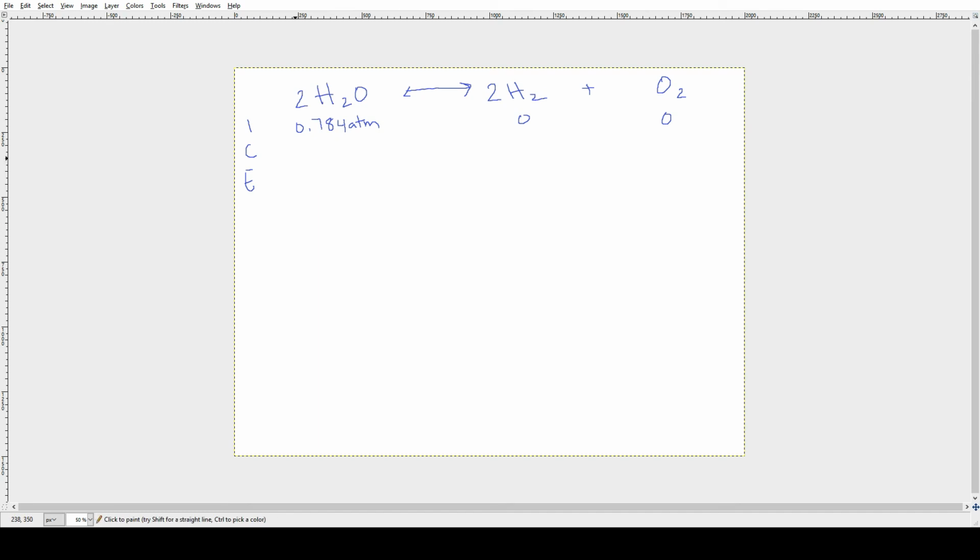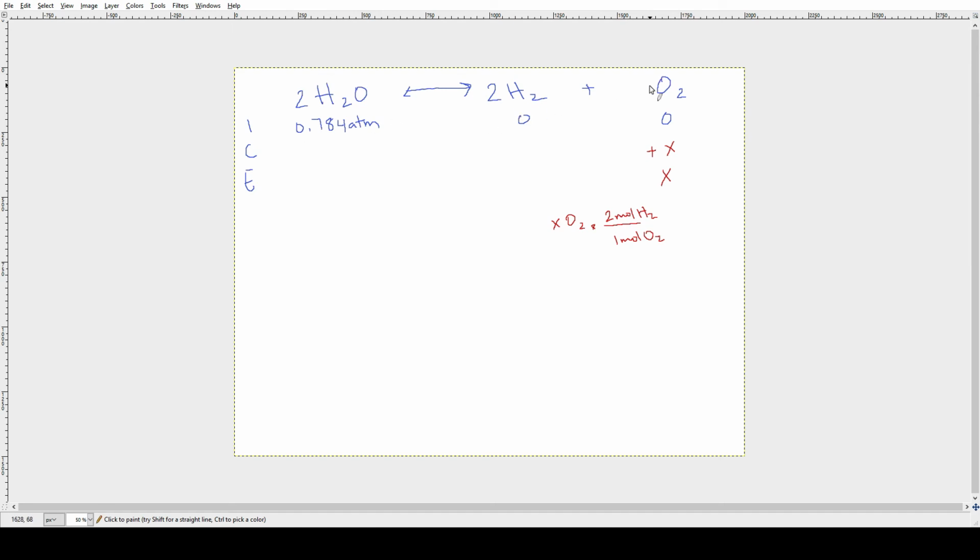I like picking things that don't have a coefficient other than 1. So I'm going to say that my oxygen is going to be equal to x at equilibrium, which means I must have added an x amount of oxygen. Using mole ratios, if I added an x amount of oxygen, let's see how this works. For every 1 mole of O2, I have 2 moles of H2, or H2O.